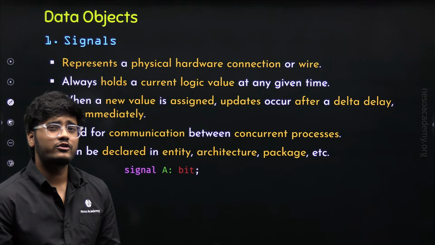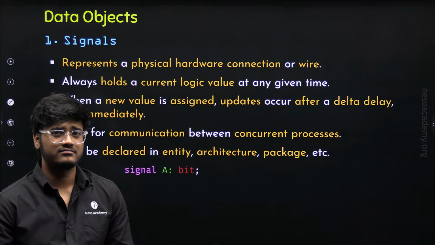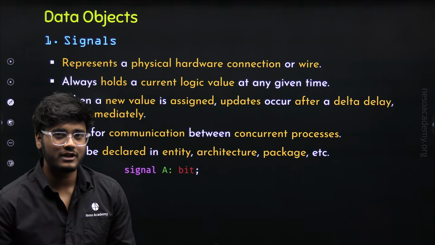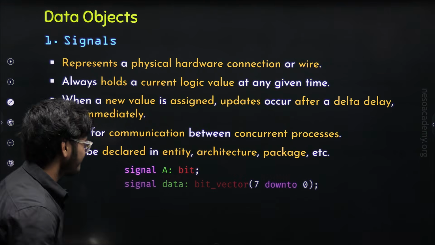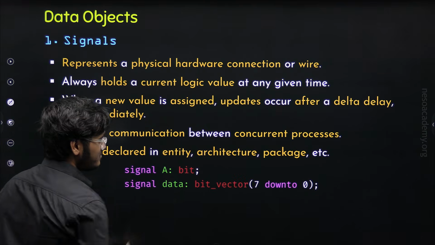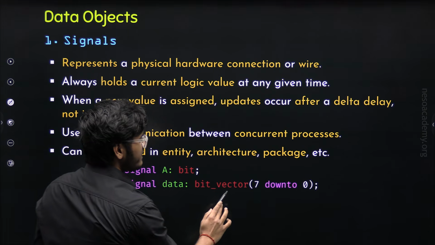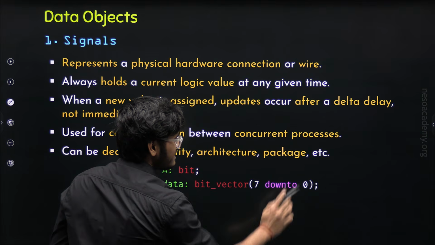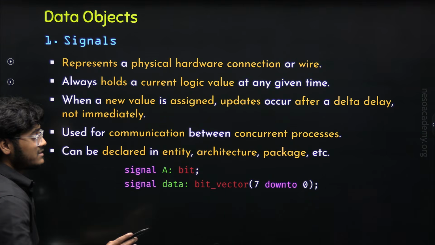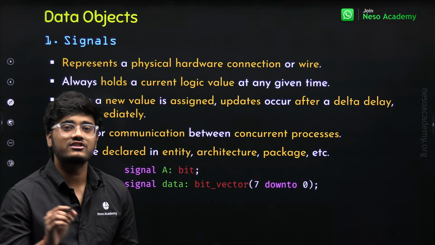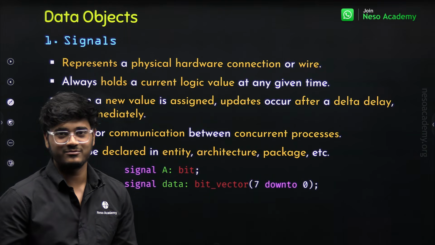What if I want to store a sequence of bits, that is, an array inside a signal? How to do that? Let's see. We are defining a signal named data as bit_vector(7 downto 0); This bit_vector is a data type which represents a sequence of bits, that is an array.